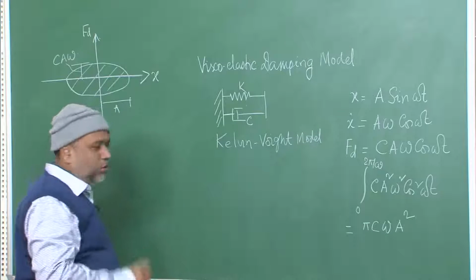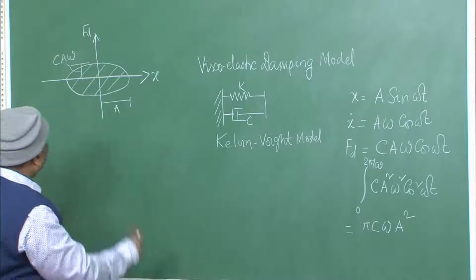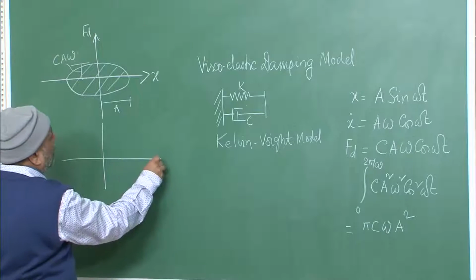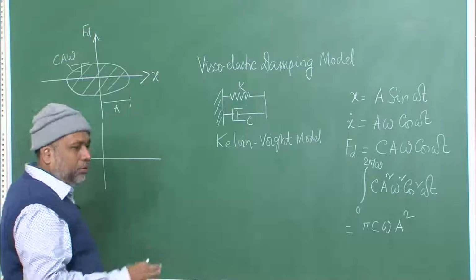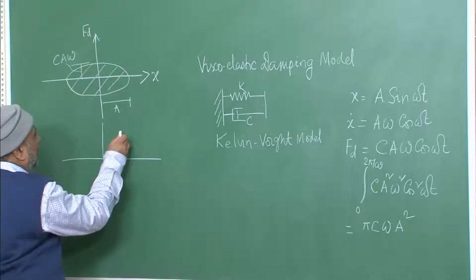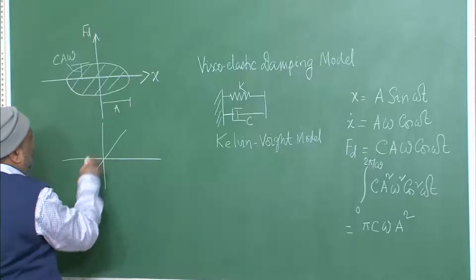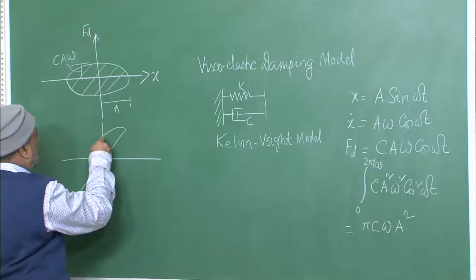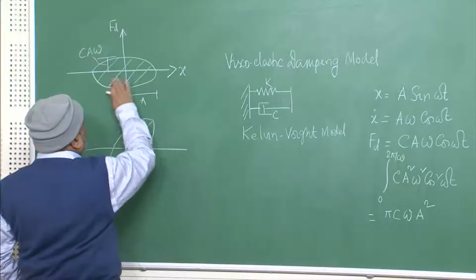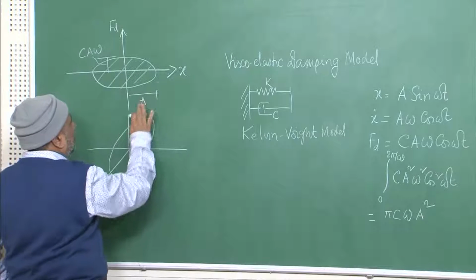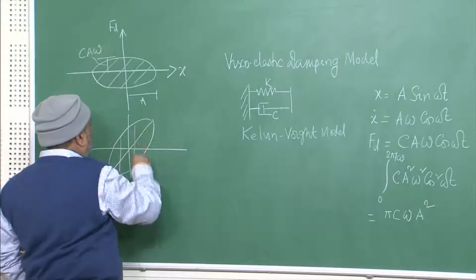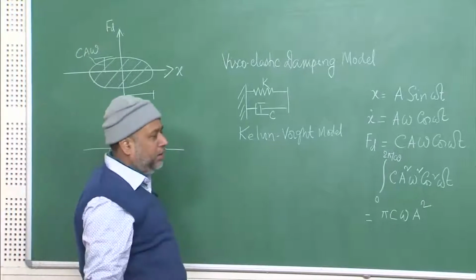Now, if I use this combination, then this diagram will slightly change. The energy dissipation will now take care of this dissipation as well as the spring factor, in a way that the orientation of the ellipse will depend on the spring stiffness, and instead of the F d versus x relationship, it will become an inclined ellipse.